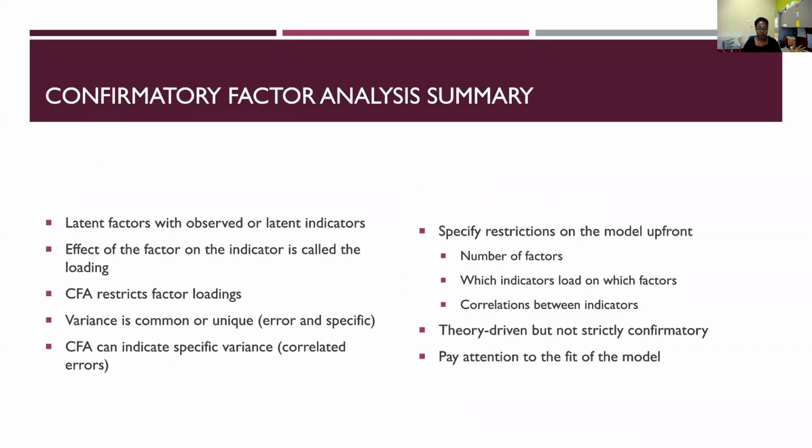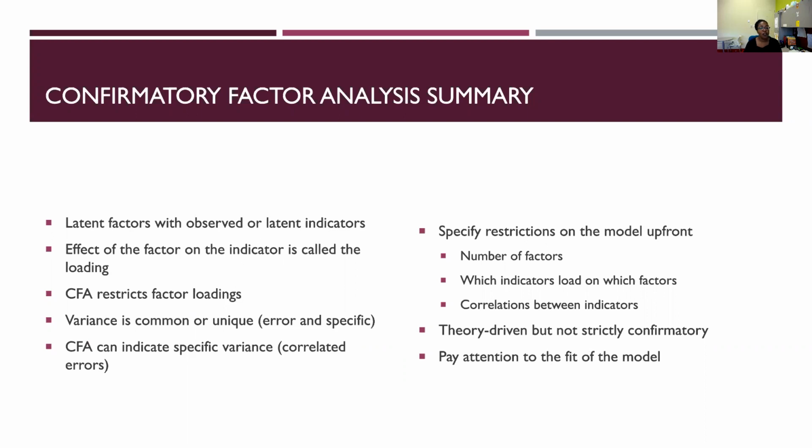So, a summary of confirmatory factor analysis. Our latent factors can have observed or latent indicators. You can do a CFA where your indicators are latent variables, but most often you're going to see latent variables with observed indicators. We're going to be looking at the loadings between the factor and the indicators. The difference between CFA and EFA is that we're restricting those factor loadings so that each item is generally only loading on one factor.